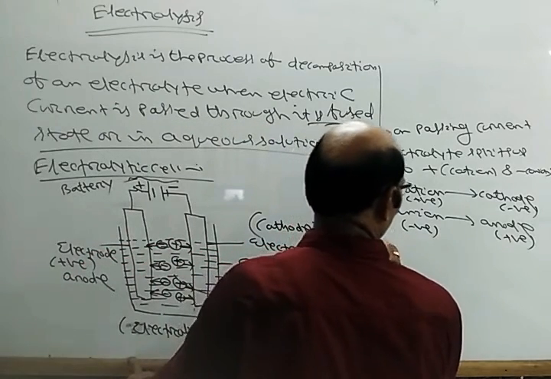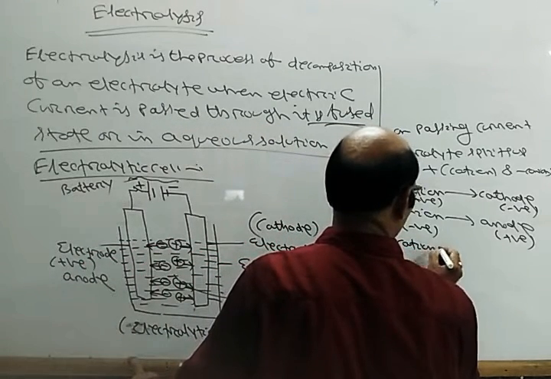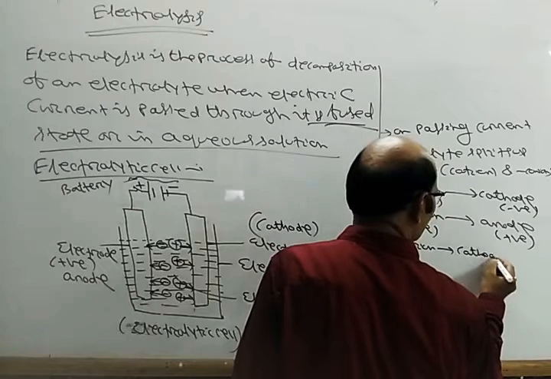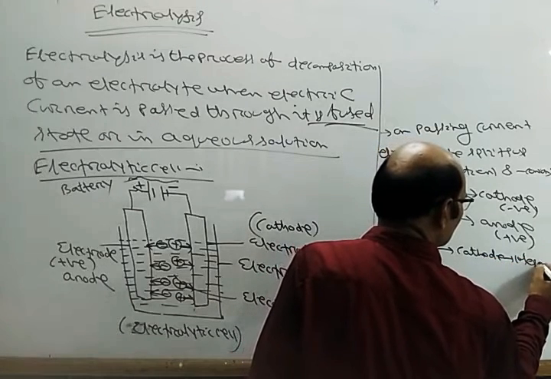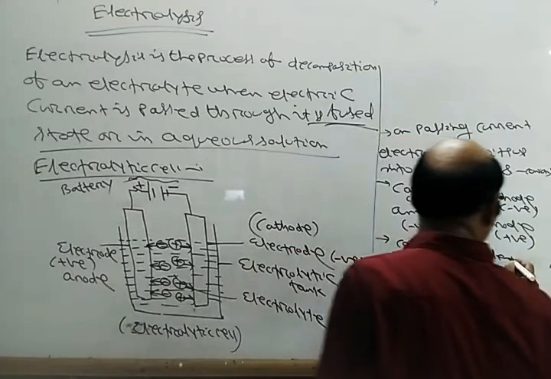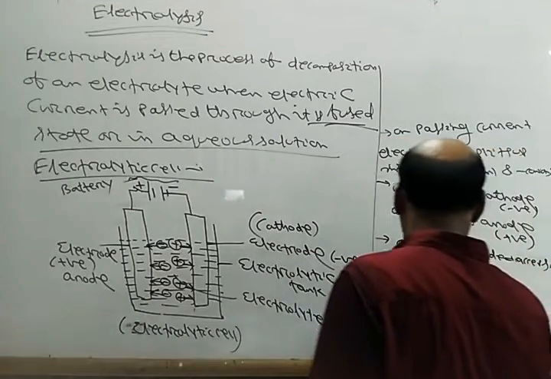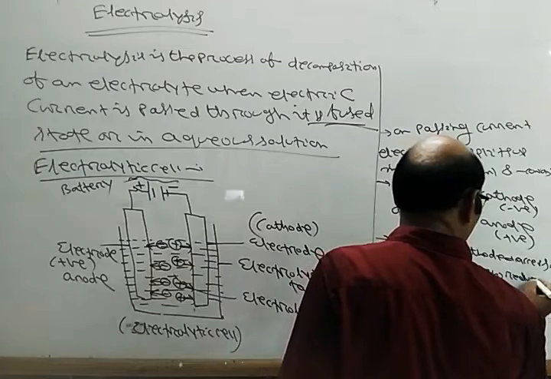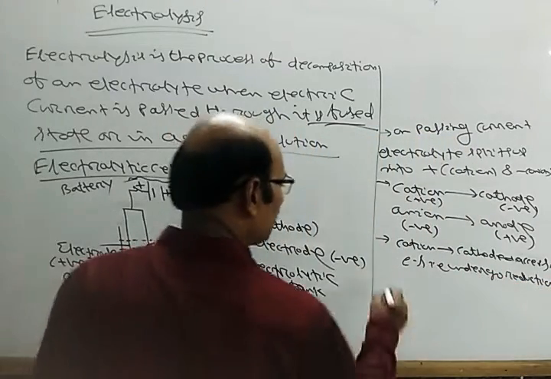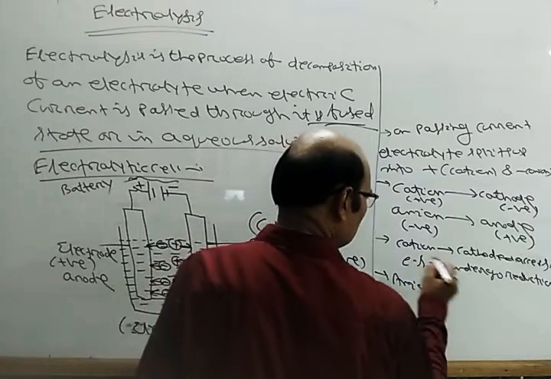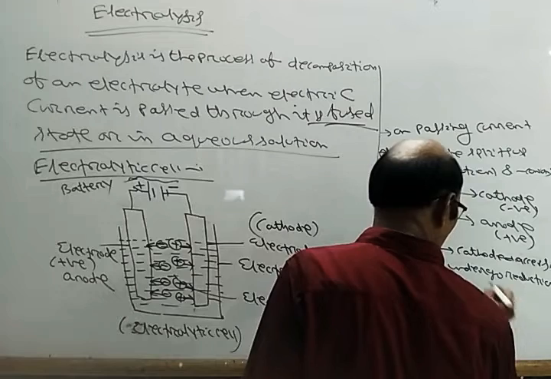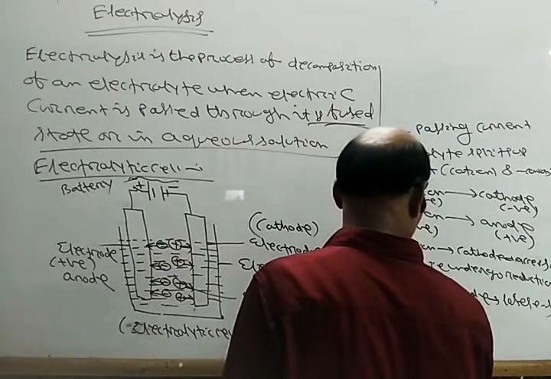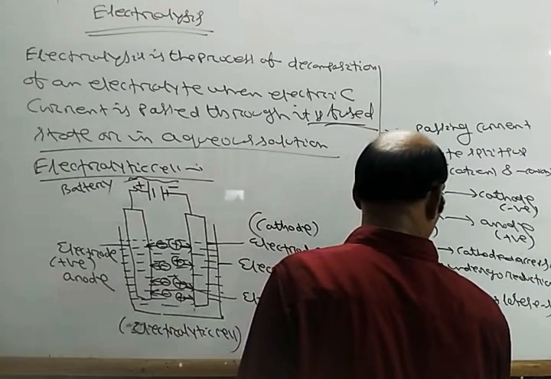So the cation goes to the cathode, accepts electrons, that is, undergoes reduction. And the anion goes to the anode, loses electrons, and undergoes oxidation.